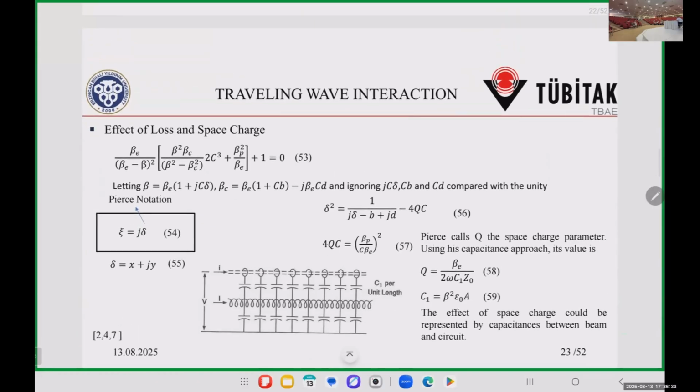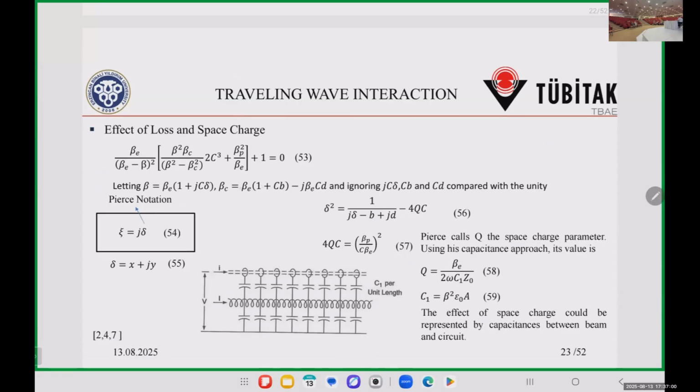So this is the last equation, 53 here. Let's assume beta equals this equation, beta equals beta e times 1 plus c times b, and we can write beta c like this, and we have here a loss.